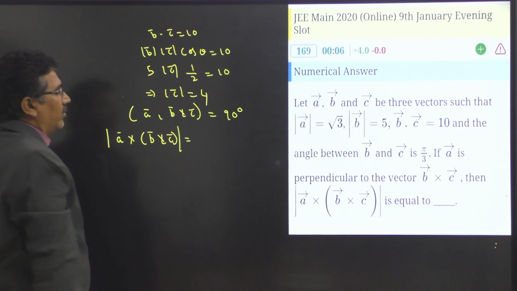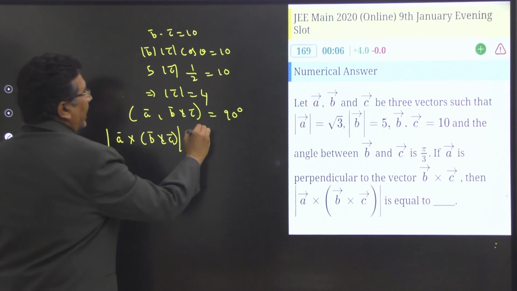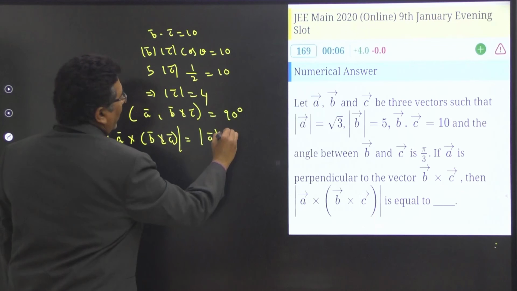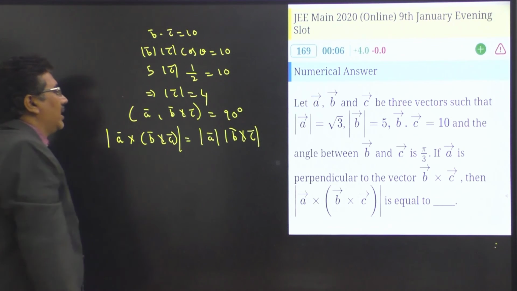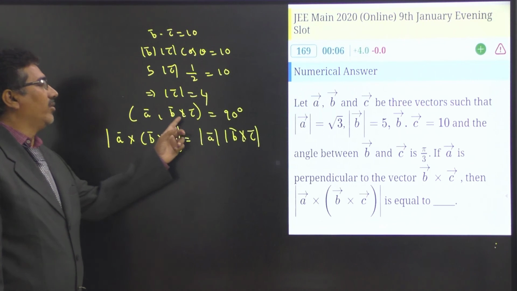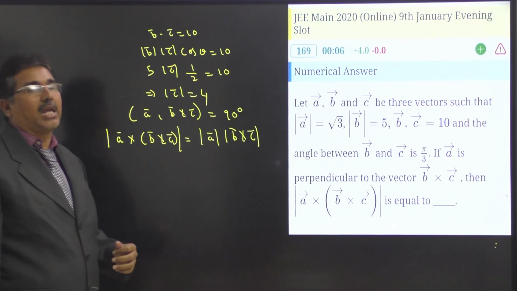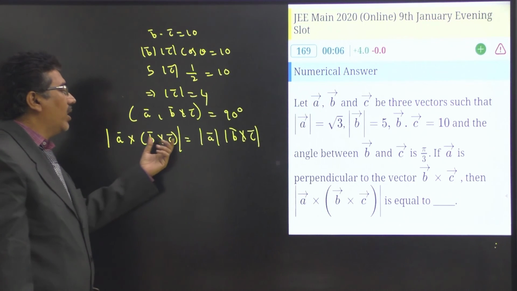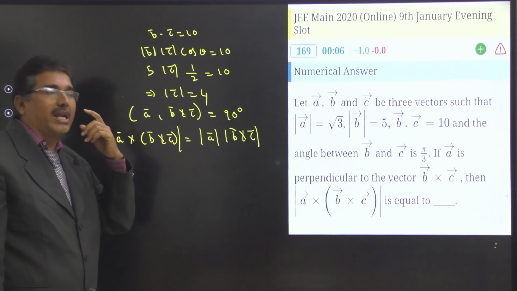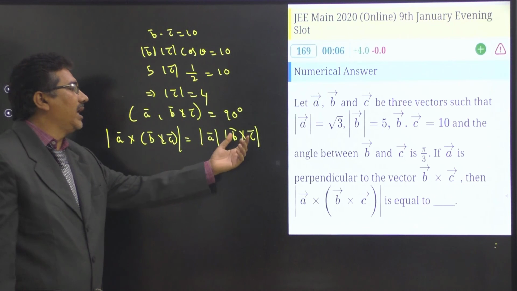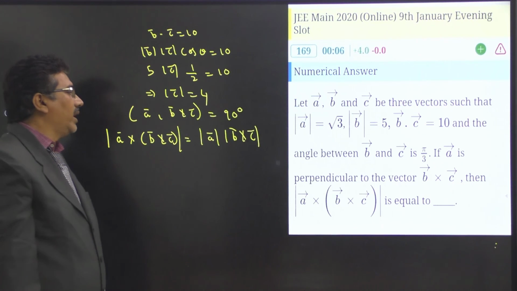That is equal to mod A bar into modulus of B bar cross C bar, since angle between these two vectors is 90 degrees, mod A bar mod B bar sine of angle, that is sine 90, that is equal to 1.